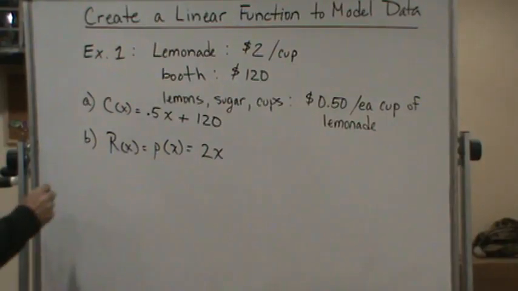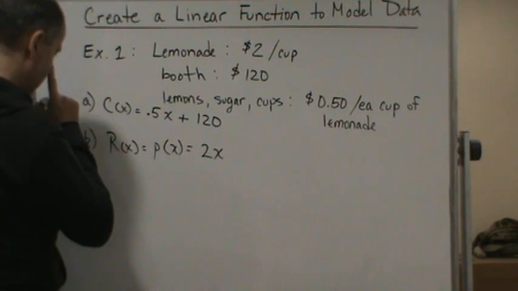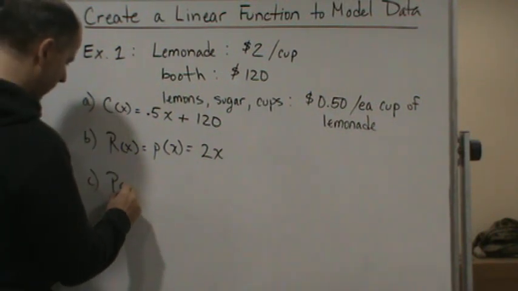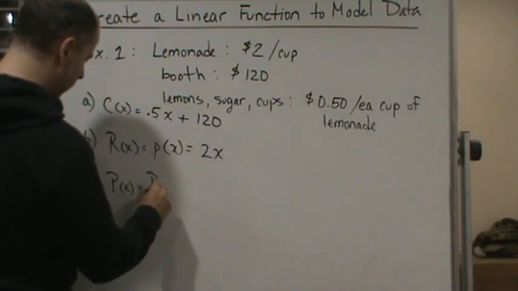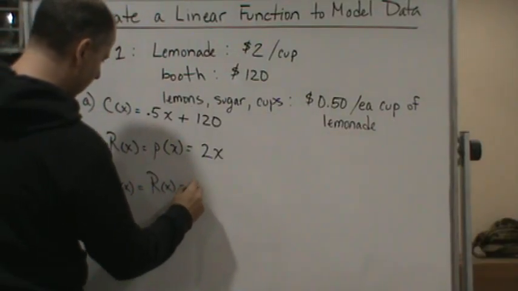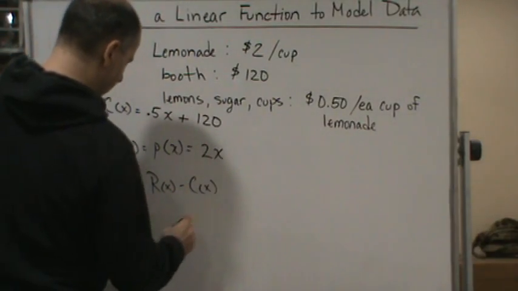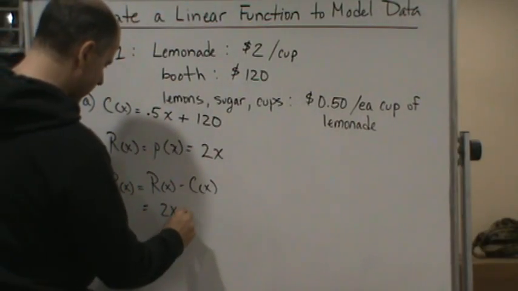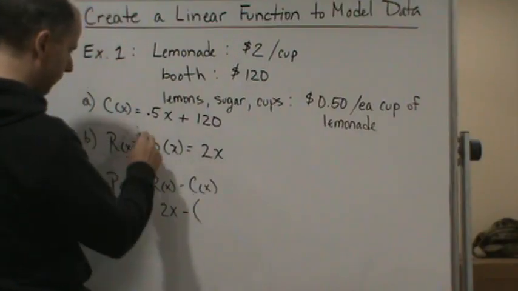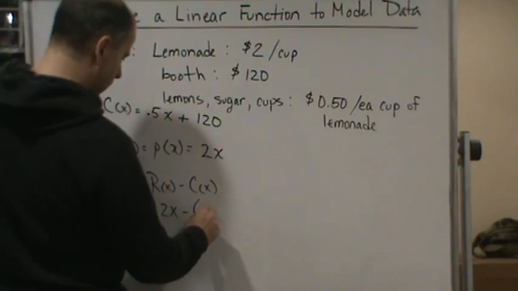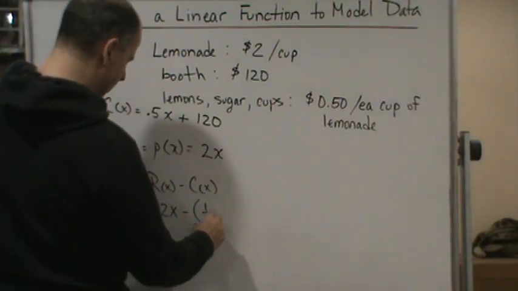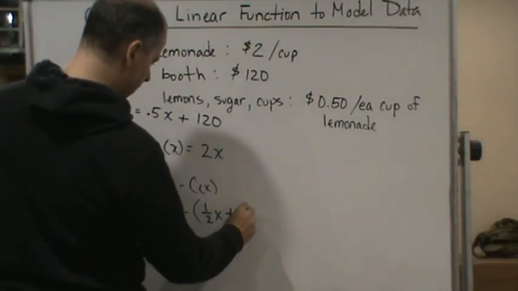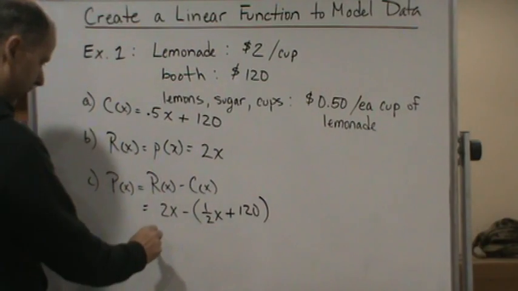And then our profit function is just the subtraction of the cost and revenue. So profit function is equal to revenue minus cost. And so in this case here, it's going to be 2x minus, now again, I'm subtracting the whole thing, so minus 1/2, I'm going to write it as a half, 1/2 x plus 120, and now I'm going to simplify this.